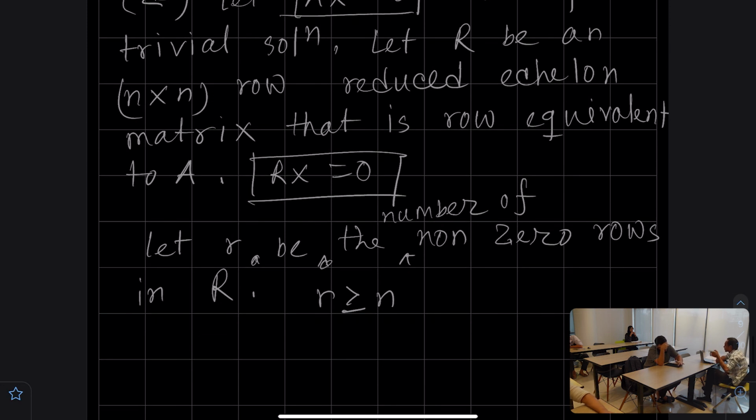Then from that remark, I conclude that r is greater than or equal to n. We can write that, but here the rows are only n. So r can be equal to n, but I am not yet in that situation, so using that remark, what I can conclude is r is greater than or equal to n. Is that clear to you?